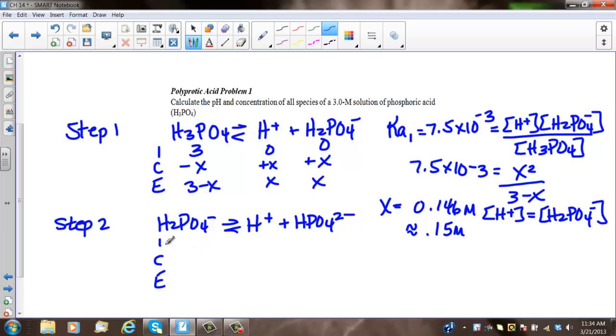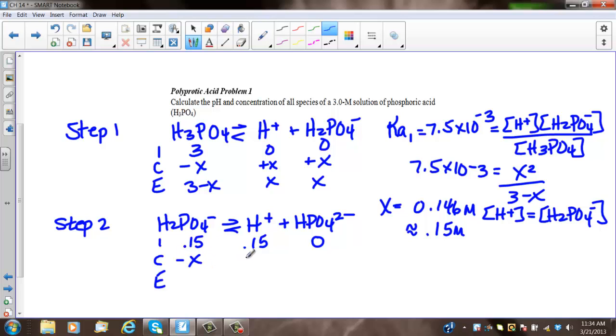So our initial concentration of H2PO4 is 0.15 as determined by the last reaction. We also have 0.15 molar of H plus in solution already from the first step, and we don't have any concentration as of yet of the HPO4 2 minus.